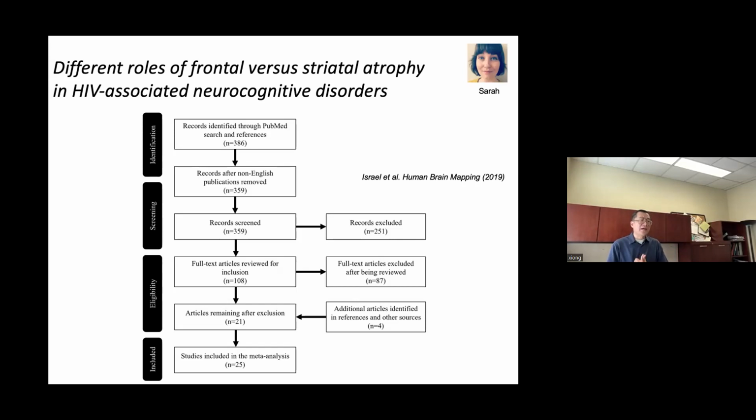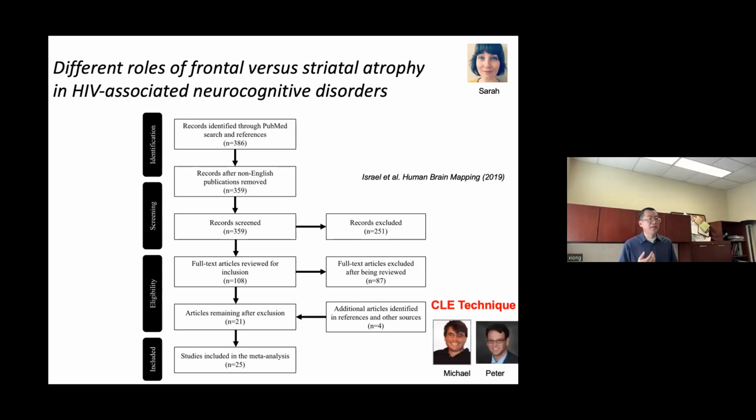The key question we want to ask is, when we compare patients versus control, which region is more likely to be affected? Then within the patient population, if we compare patients with or without HAND, or with or without cognitive impairment, which region is more likely affected? Because then this will tell us some potential mechanisms or some potential targets for treatment.